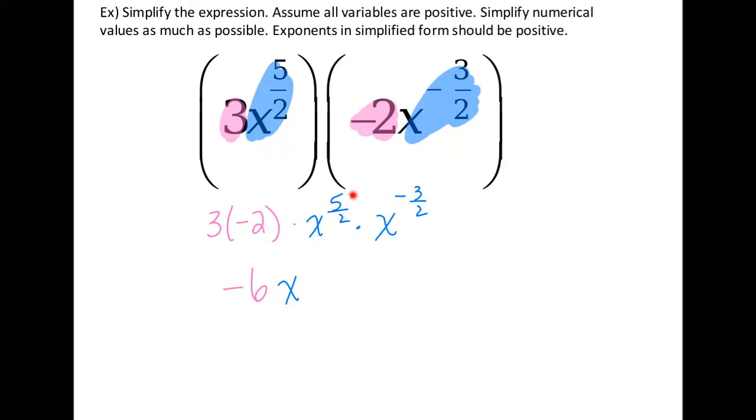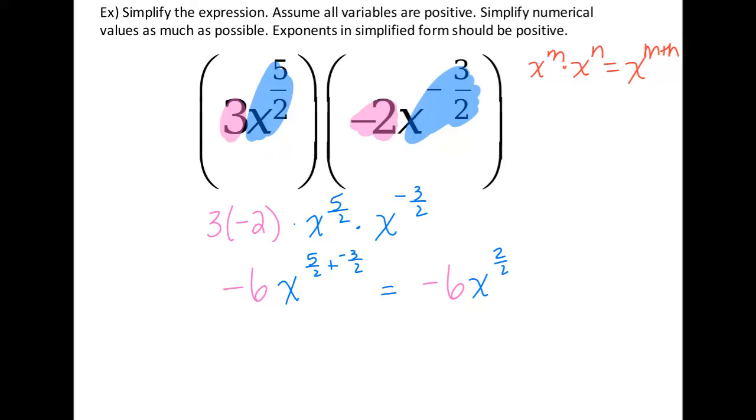The rule when we multiply x to the m times x to the n, what do I do to the exponents? Add them, right? So I go 5/2 plus a negative 3/2. So that's still a negative 6 there. And what's 5/2 minus 3/2?